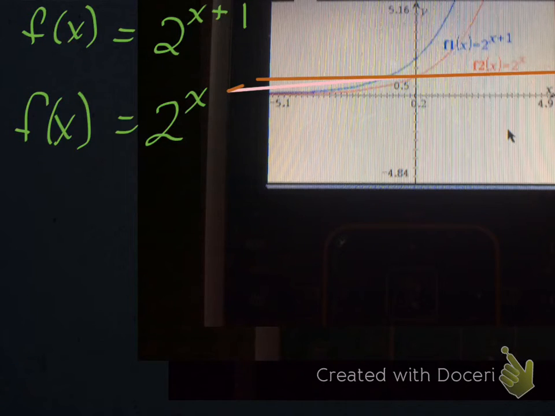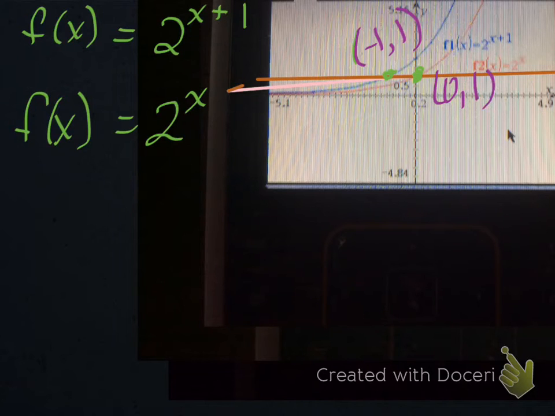This is y equals 1. At 0 on the original graph, we crossed. This point is -1, 1. So what happened to get that transformation?